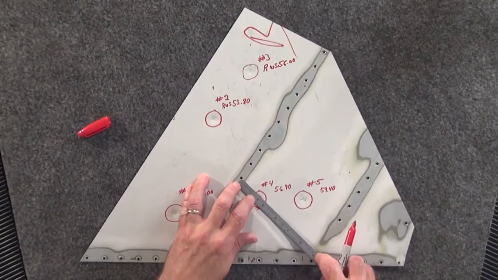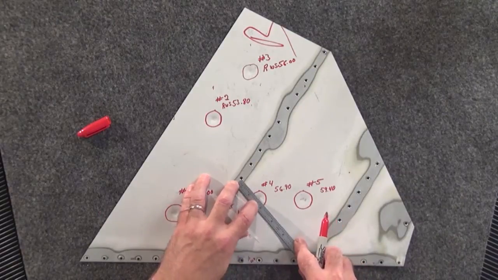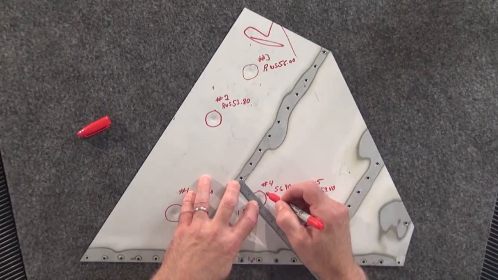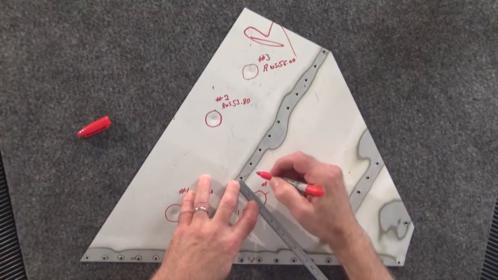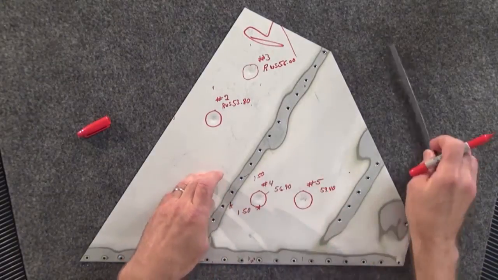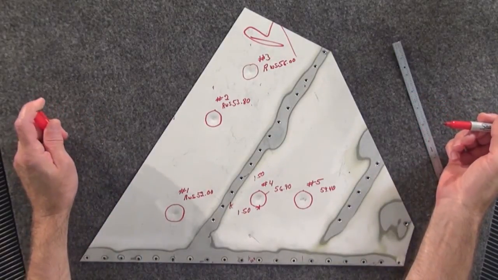Now sometimes we'll have to give 2 different coordinates, and it happens to be that from this particular fastener to this one is also 1.5, and that's going to be important as he considers strength in analyzing the data.